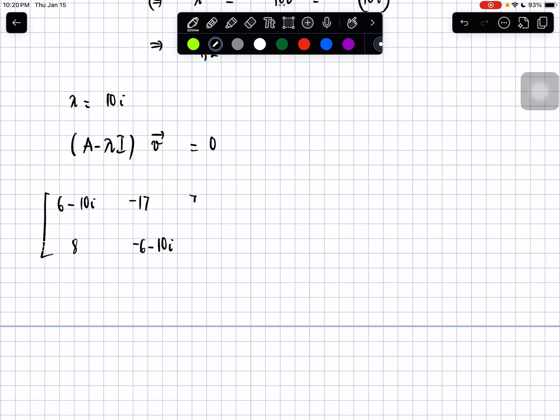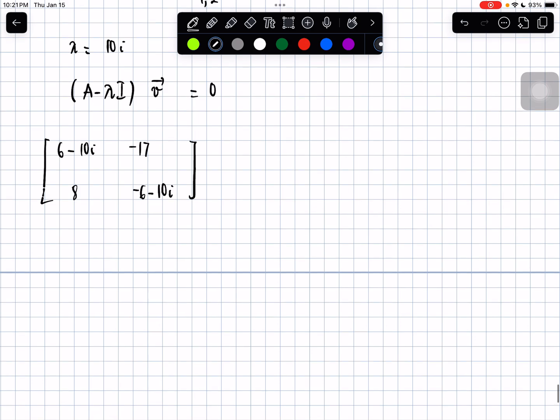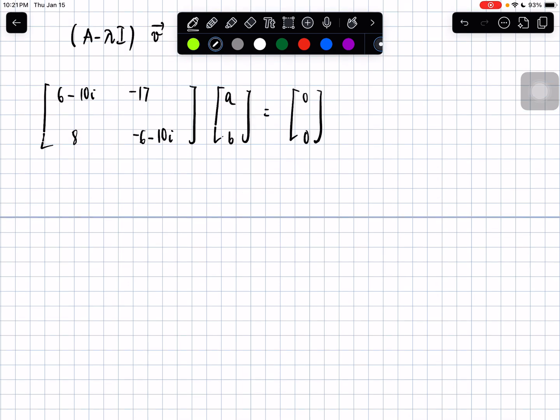Now for complex eigenvalues, this will give two dependent rows, so you can just keep one row. So this row gives us, say V is (a, b): 8 times a, minus 6 plus 10i times b, equals 0, or divided by 2, 4a, minus (3 plus 5i) b equals 0.